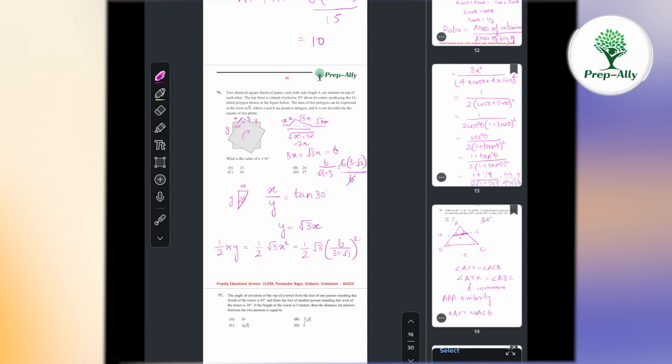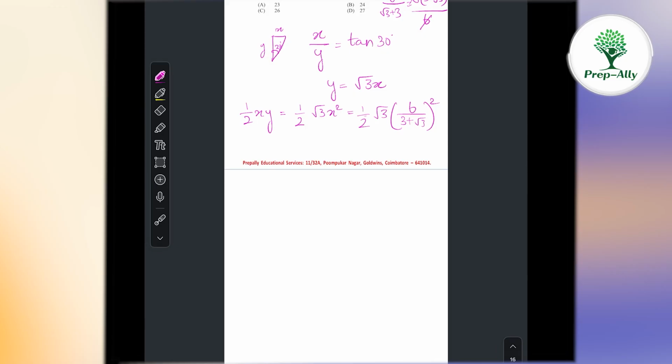So it's just equal to 3 minus root 3, right? So we have the area of the triangle equals half times root 3 times 3 minus root 3 the whole squared, and the area of the square equals 6 squared.